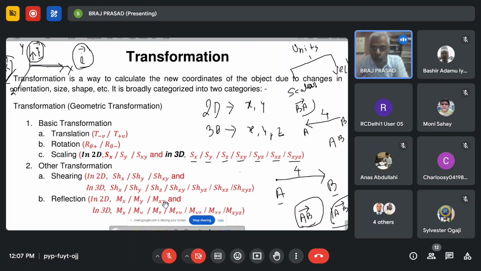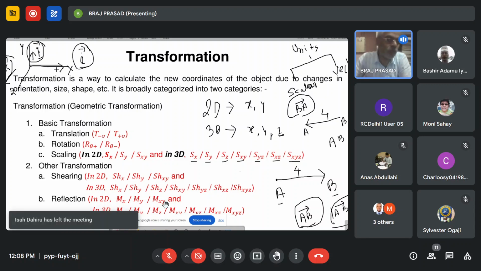So this is also our vector. So any segment has two different vectors, AB and BA like that. Similarly, each direction has a vector, and that vector on X is known as i, on Y it is j, and on Z it is k. We will use all these concepts in our transformation.